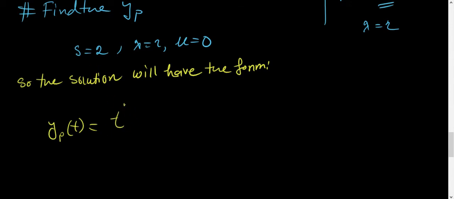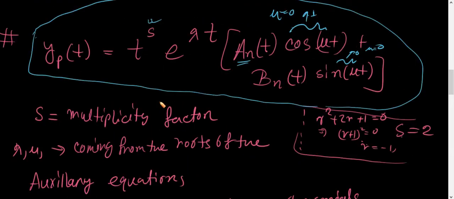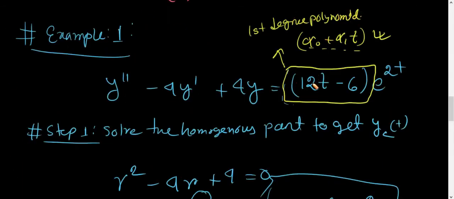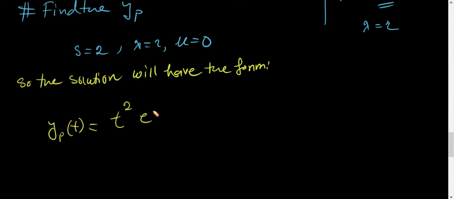We are putting s equals 2, so there will be t squared, according to this theory over here, that is the general form of y_p. Then lambda equals 2, so it will be e to the power 2t, and then you have to find this a_n, that is a general first order polynomial. So let's write this as alpha 0 plus alpha 1 t. But now what to do, because we have two unknown parameters, or two undetermined coefficients, that is alpha 0 and alpha 1.